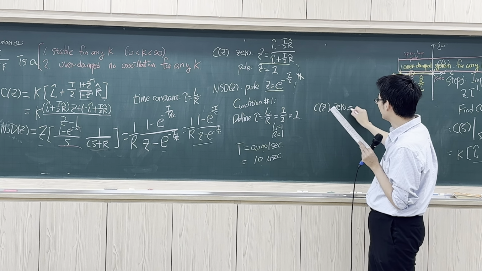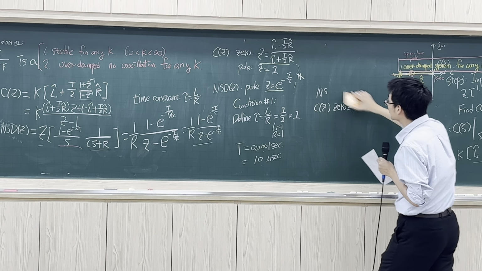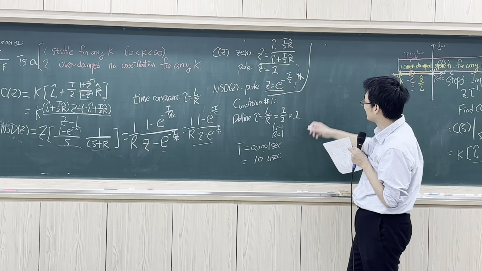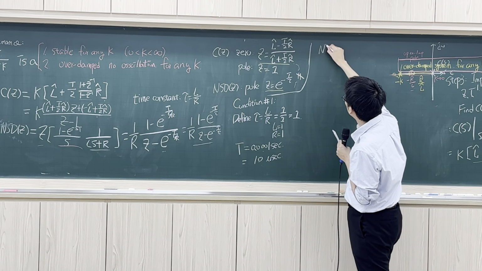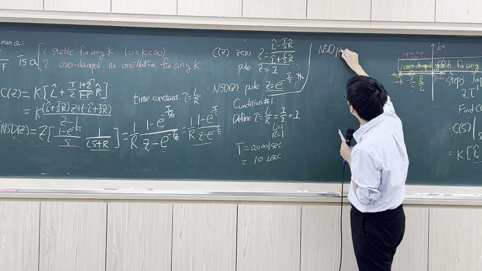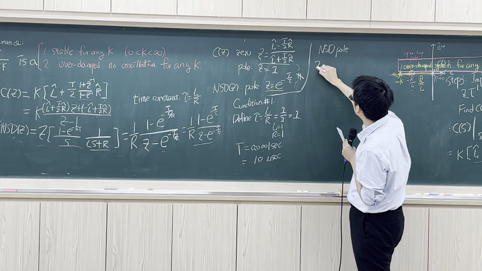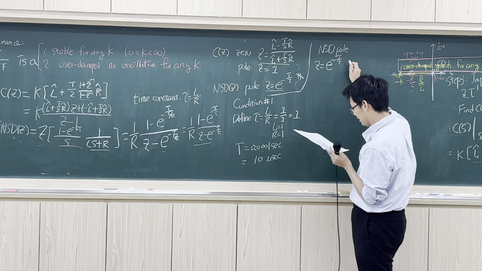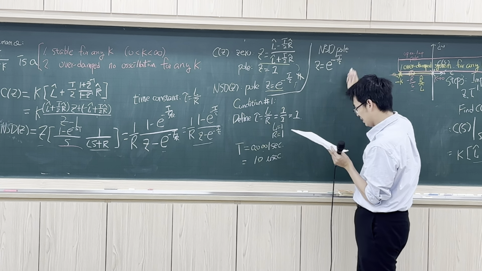So the NSD pole. For condition number 1, the NSD pole location Z is equal to exponential minus T over tau, and tau is equal to 1, T is equal to 10 to the minus 6 seconds.